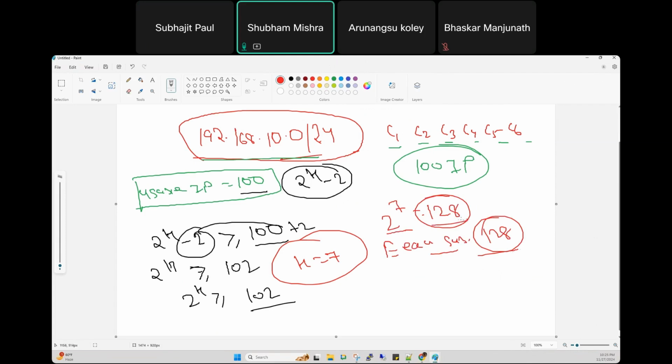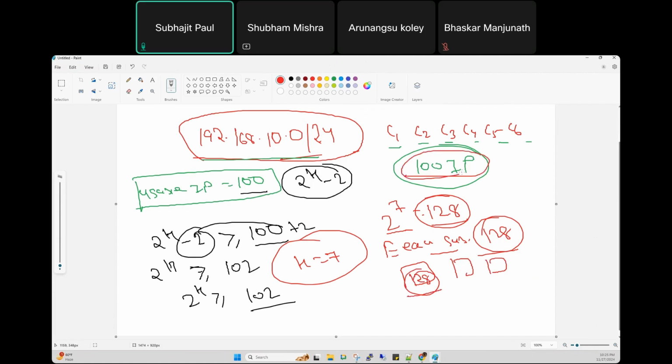My thinking is that whatever subnets you create, no matter, in every subnet I want at least 128 IP addresses. Then my requirement will be fulfilled, because every client requirement is 100. Very good. Now, this is the first scenario.